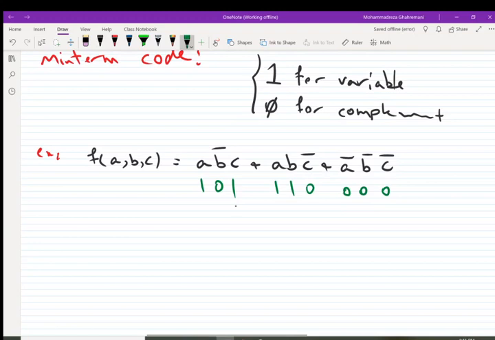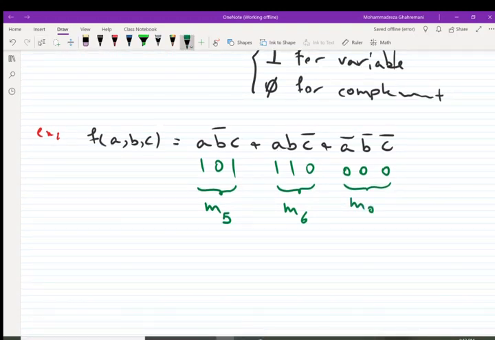Okay, now which binary number is 101? 101 is 5, so it is minterm number 5. 110 is 6, so it's minterm number 6. 000 is 0, so it's minterm number 0.